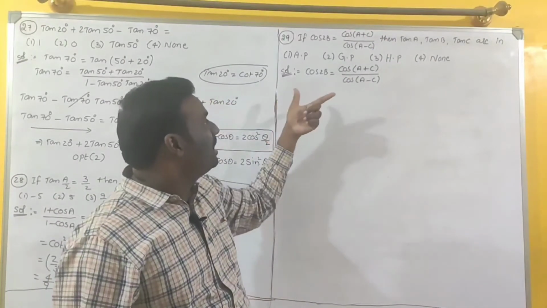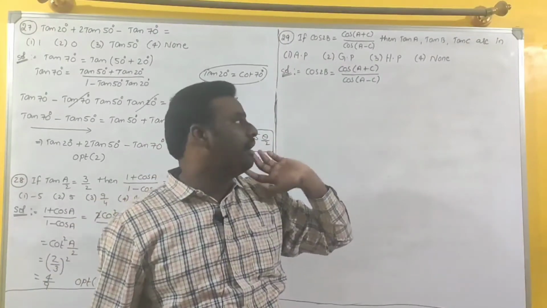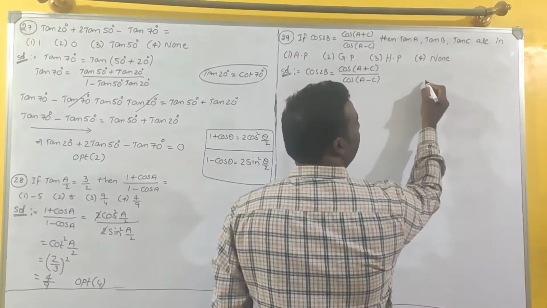That means we need to convert this entire expression in terms of tan. How to find? We have one formula.